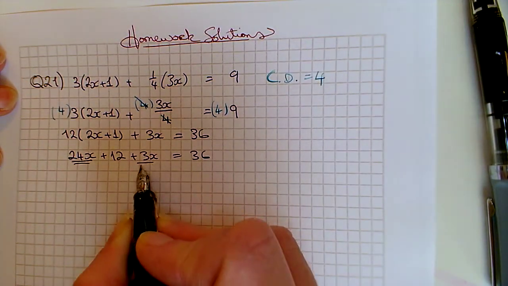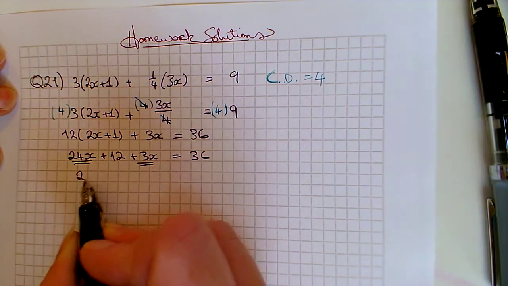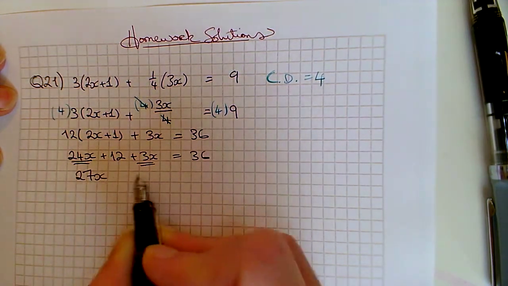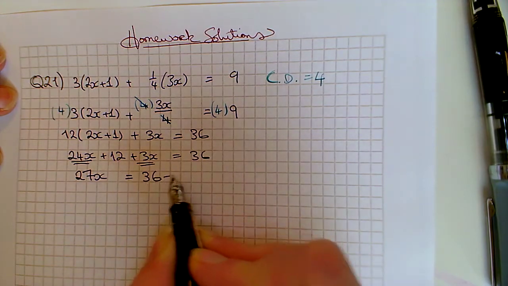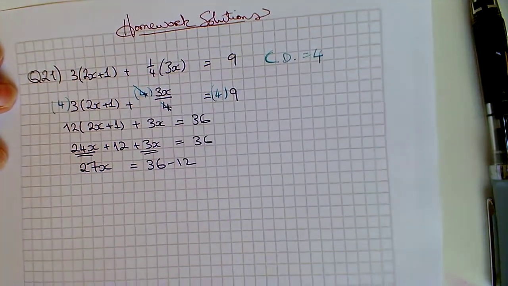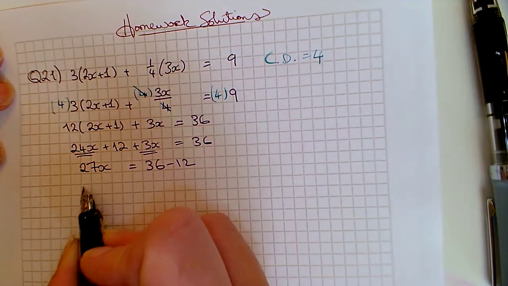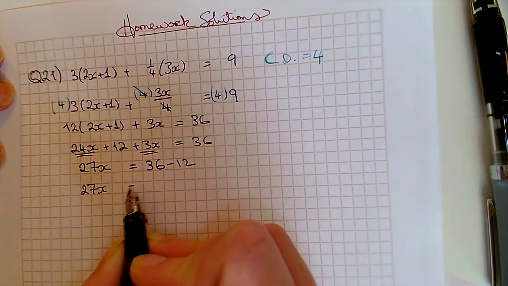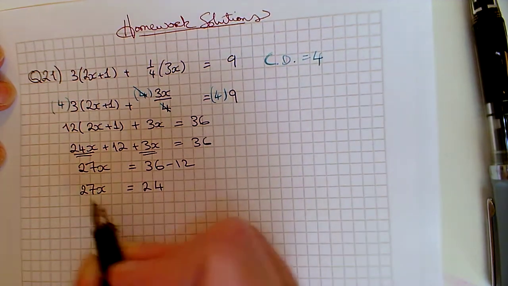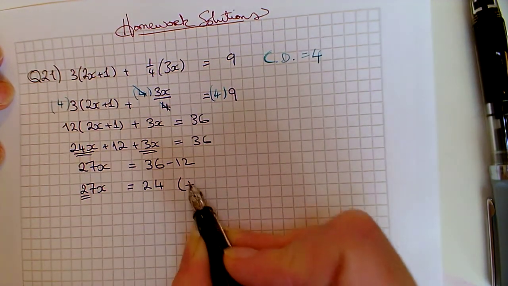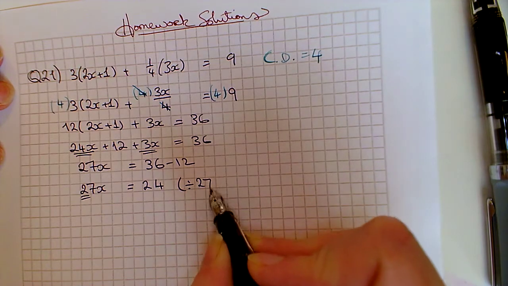I'll add my like terms. 24 and 3 is 27. And I will bring the 12 to the other side, subtracting 12 from both sides to get 36 minus 12. So then that becomes 27x is equal to 24. And finally, I divide across by the coefficient, divide by 27.